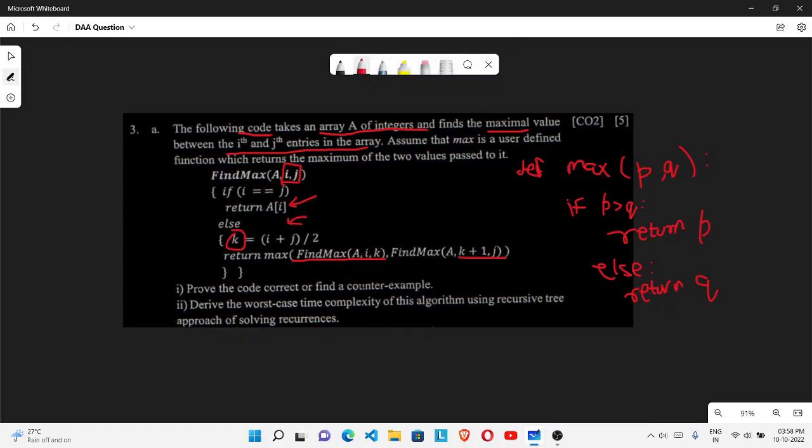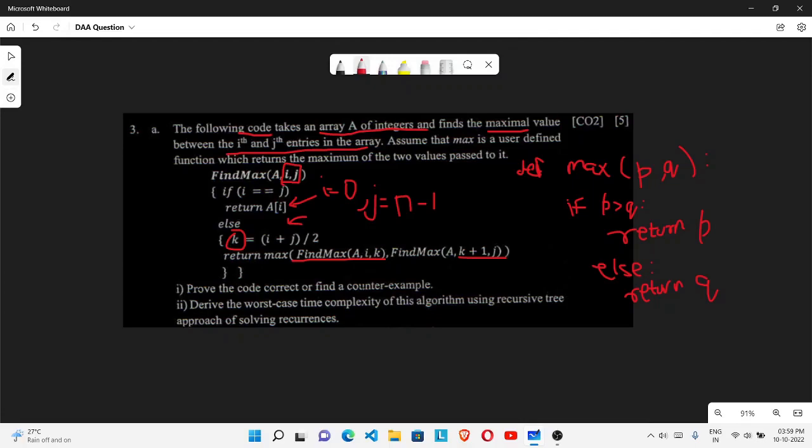So I want you to imagine we are finding the maximum element from the whole array. So i will be 0 and j will be n minus 1, if n is the size of the array. In that case, this code can be used to find the maximum element in the array.